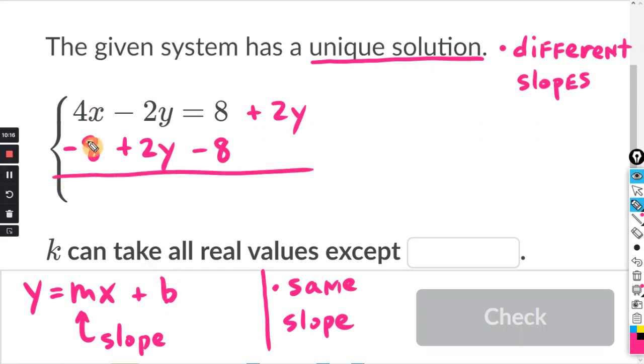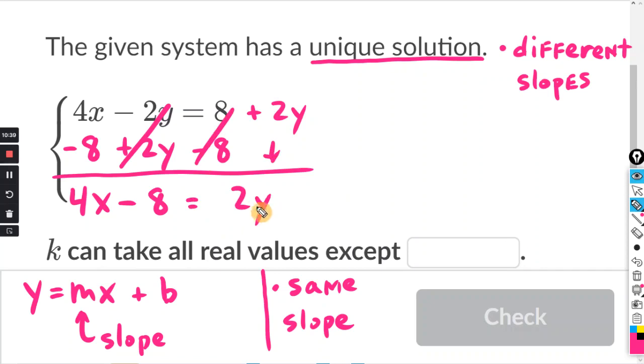Okay, so 4x minus 8 is over here. We can't combine those terms. Those are not like terms. So it's just 4x minus 8. Negative 2y plus 2y cancels. Bring down the equal sign. 8 minus 8 cancels. And bring down your 2y.